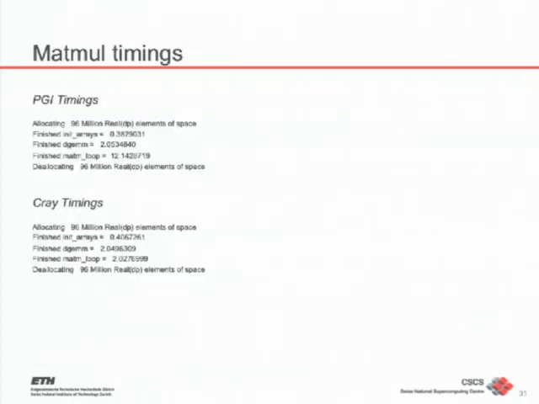So the timings for this matmul example, PGI had a dgemm of 2.05 seconds. Nice, fast example. The matrix multiplication, 12 seconds. On Cray, we get a dgemm result of 2.05 seconds. Actually, the matmul here is faster than the dgemm, but it's minimal.